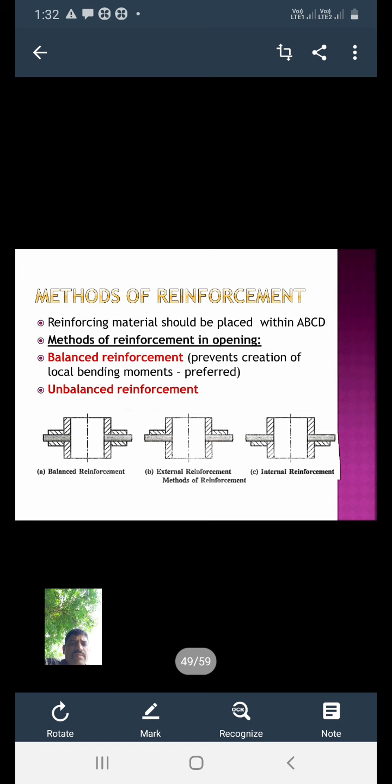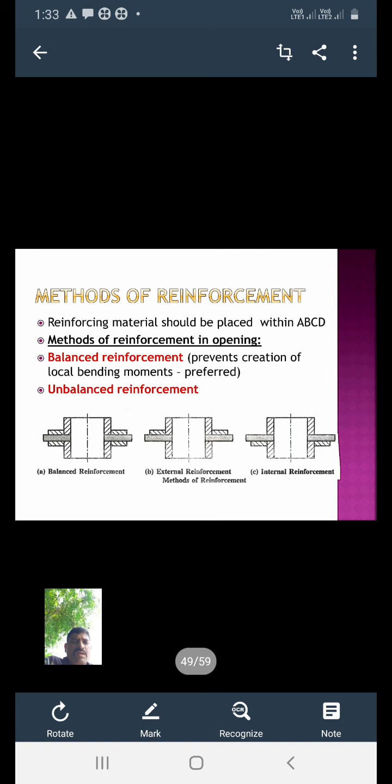When we use the unbalanced, the reinforcing material is placed on the inside surface of the vessel wall. If the material is placed inside, then we are using the unbalanced reinforcement. Remember that. And what is the balanced reinforcement? If the reinforcing material is placed on both sides of the vessel wall, it is known as balanced reinforcement.